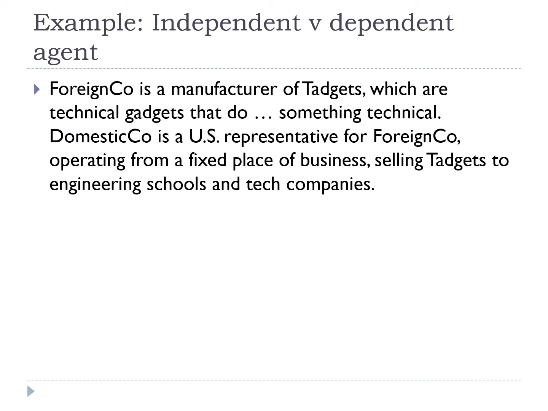Foreign Co. is a manufacturer of gadgets, which are technical gadgets that do something technical. Domestic Co. is a U.S. representative for Foreign Co. and operating from a fixed place of business, selling gadgets to engineering schools.